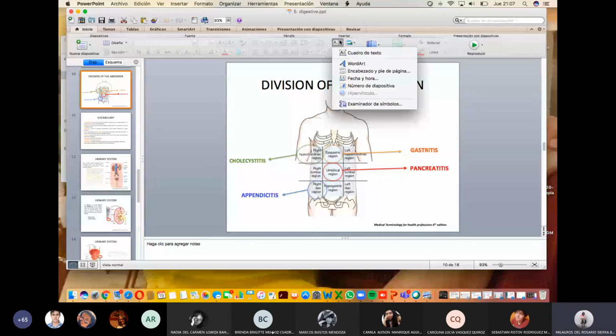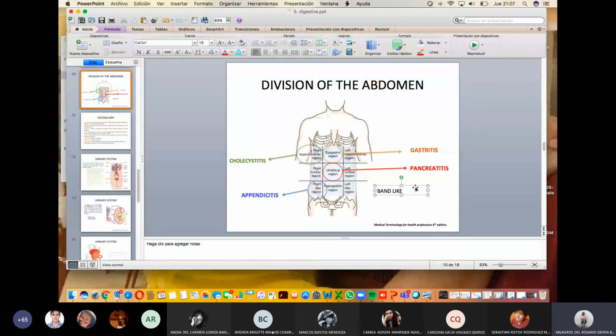Así, band-like radiation. It radiates like a band, así como una banda. Like a belt, así es la irradiación del dolor.